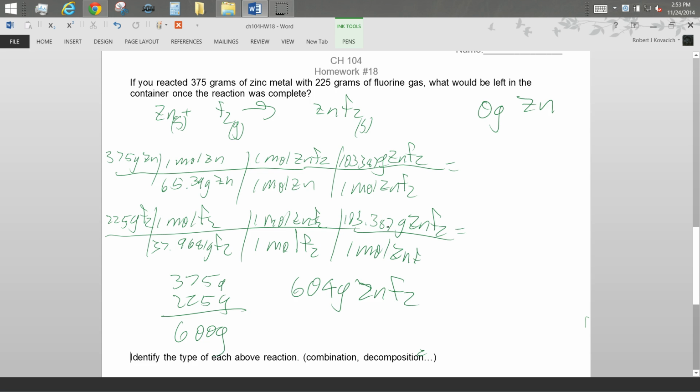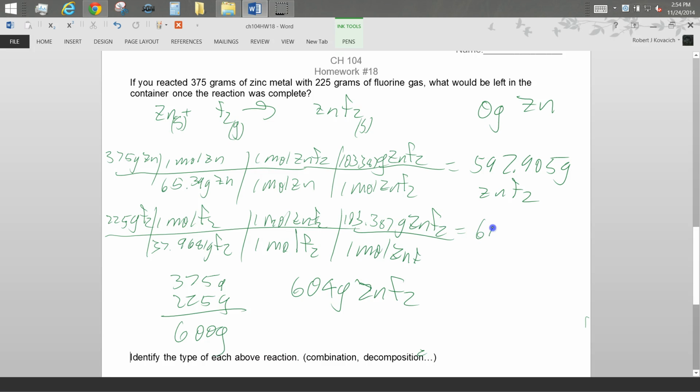All right, so times 375 divided by 65.39 equals 592.905 grams of zinc fluoride, and this one will be times 225 divided by 37.961.